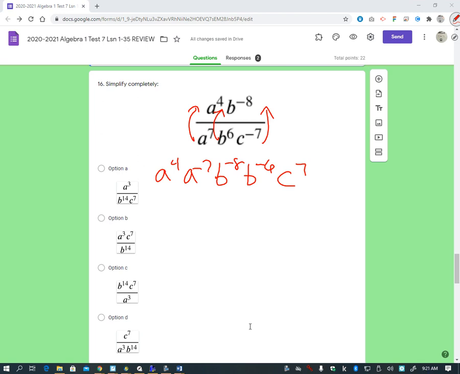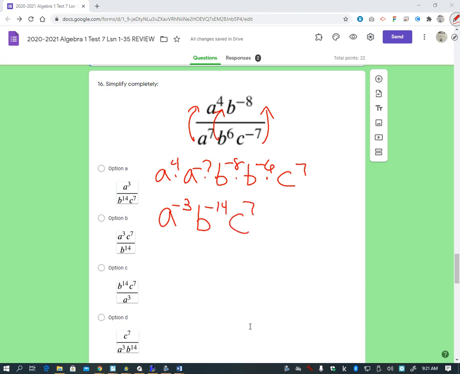Okay, but add, right? I'm adding the negatives. Yes, you will subtract, but our rule is that we add, right? When we're multiplying terms, right? Okay, so it's 4 plus negative 7, right? Okay, A is negative 3, B is what? Negative 14, and C is 7.